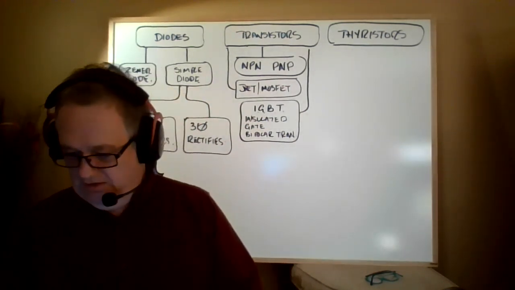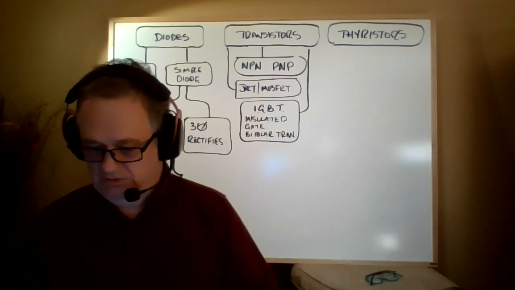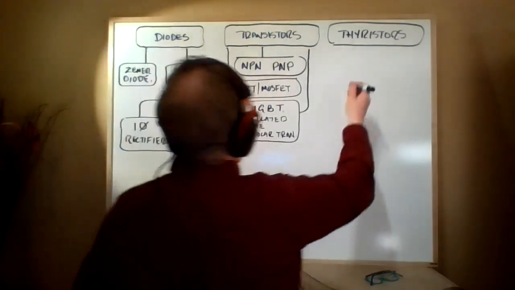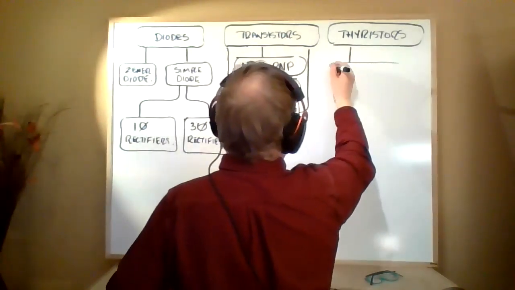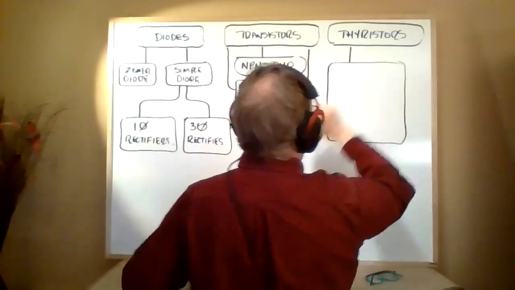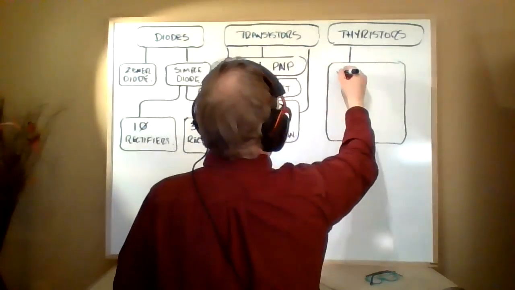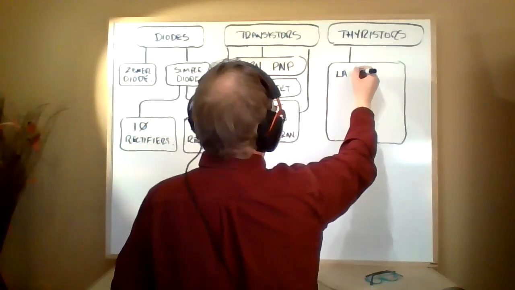Now, when we move to the thyristors, what I'm going to start you off with is just a quick list of the thyristor family. Okay, it's a family of components, and the very important one that we're going to spend quite a bit of time on is the SCR.